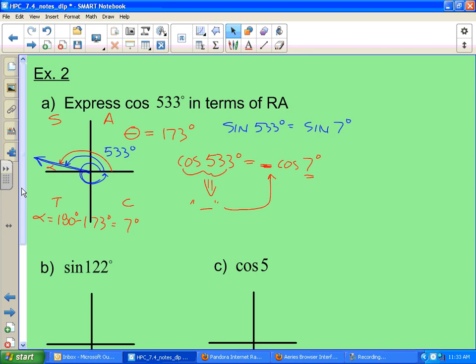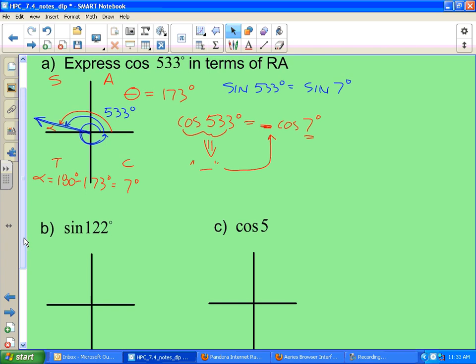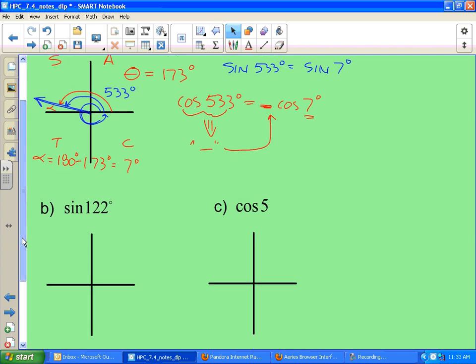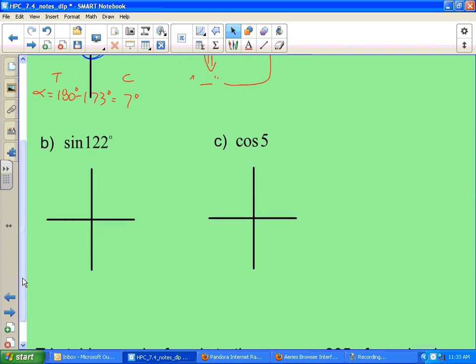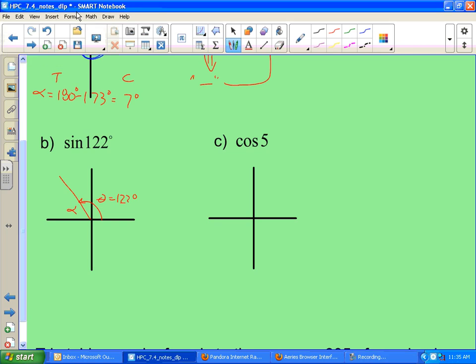Let's try these other 2, or you guys try these other 2. So thinking about that in terms of a reference angle, what would I be for sine of 122 and the cosine of 5? See if we can express them in terms of a reference angle. So 122.